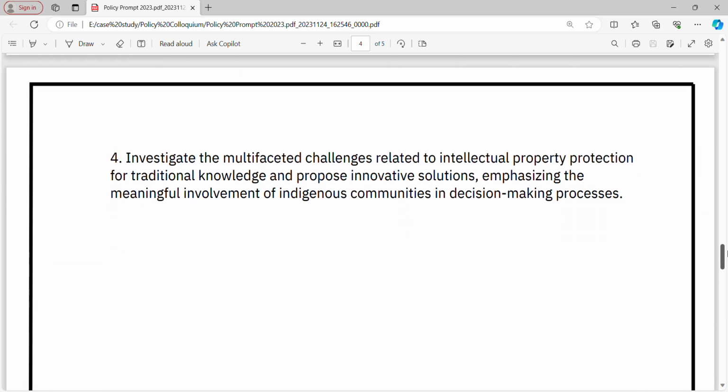Fourth, investigate the multifaceted challenges related to IPR protection, intellectual property protection for traditional knowledge, and propose innovative solutions emphasizing the meaningful involvement of indigenous communities in the decision-making process.